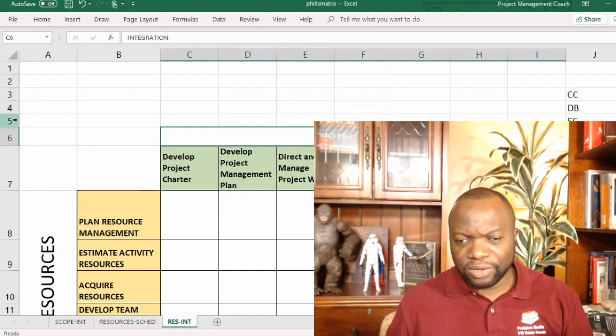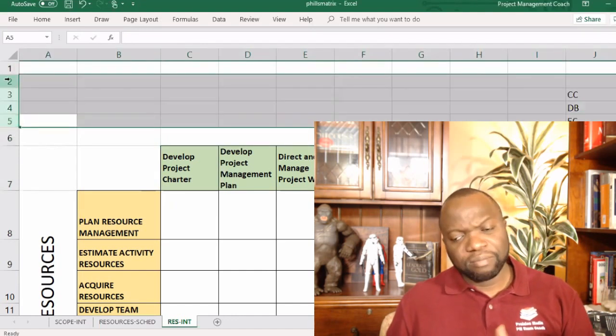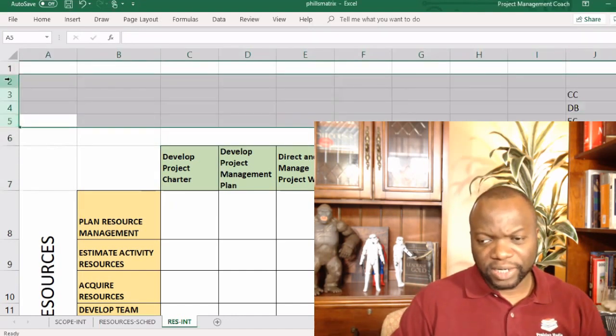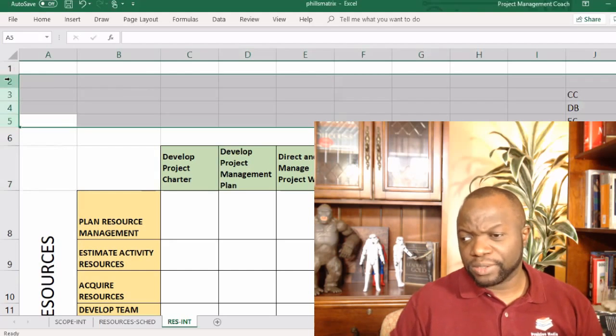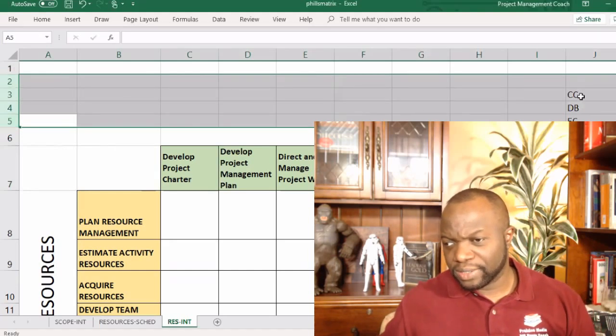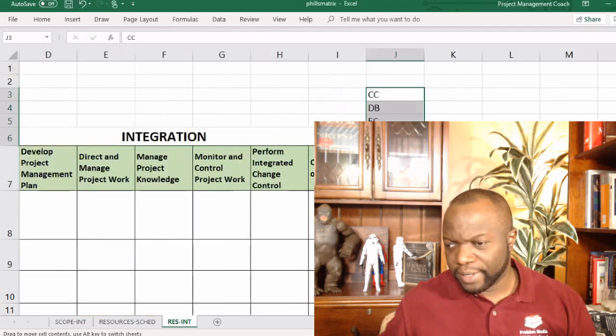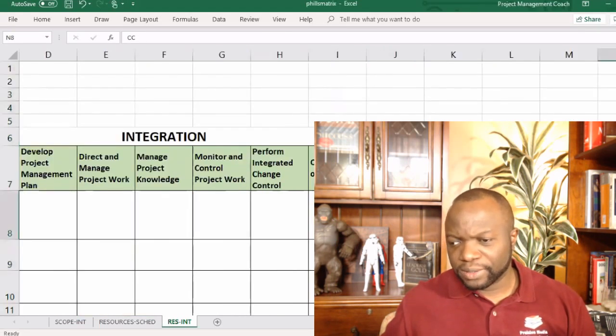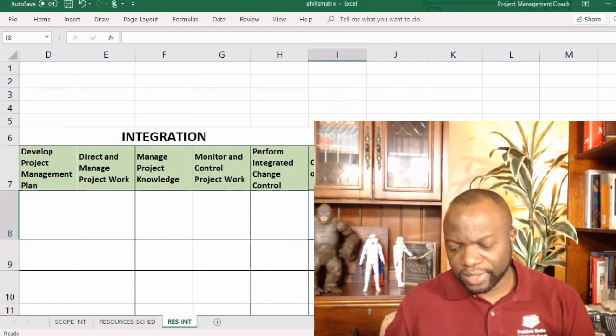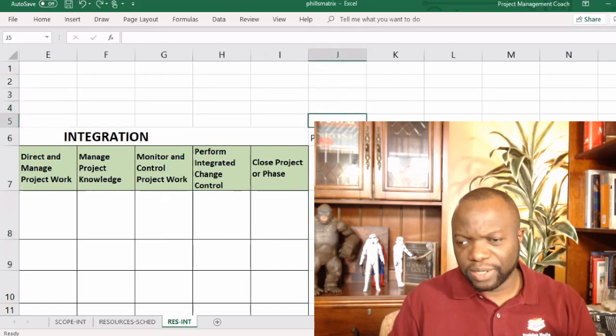But I thought I should let you know you can have 3 different knowledge areas interacting. If you want, you can actually put this on the side to here, like that. And you can plot the intersection points as well. So there's all sorts of permutations and combinations.